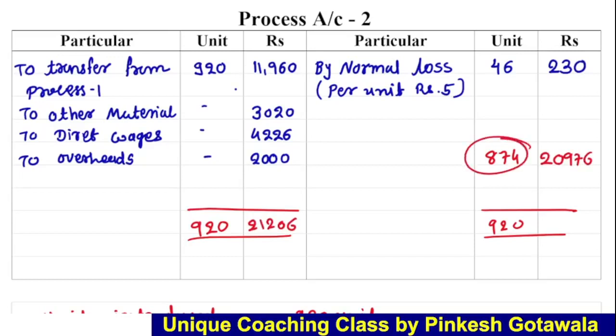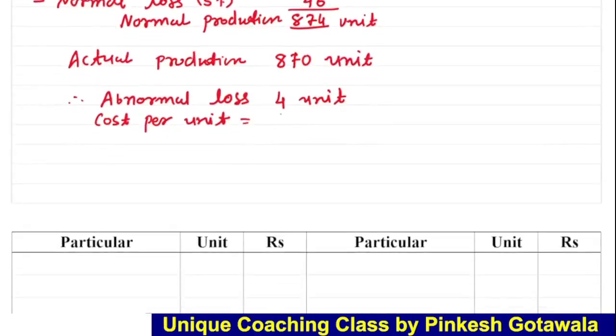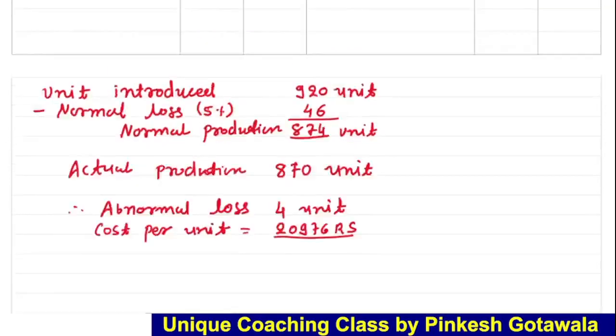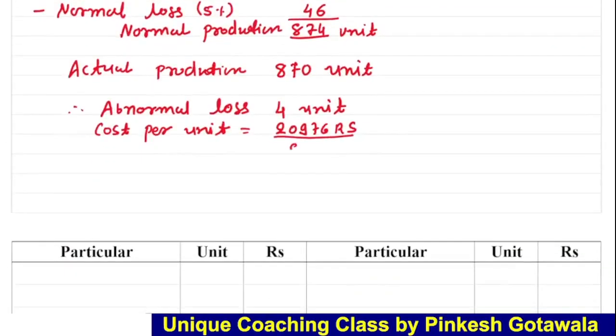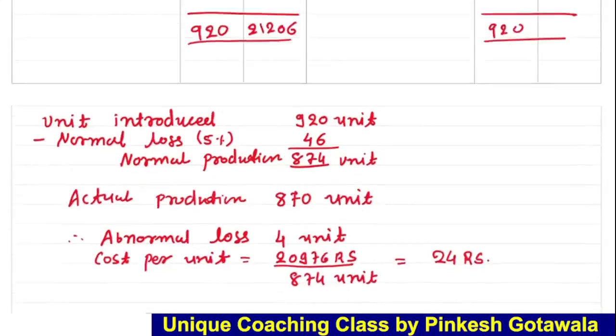Okay, so unit difference 874, rupees difference 20976. 20976 rupees, and the unit is 874. So per unit you will get 24 rupees. Per unit cost 24 rupees.